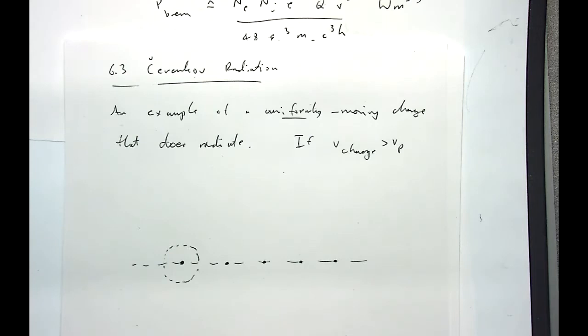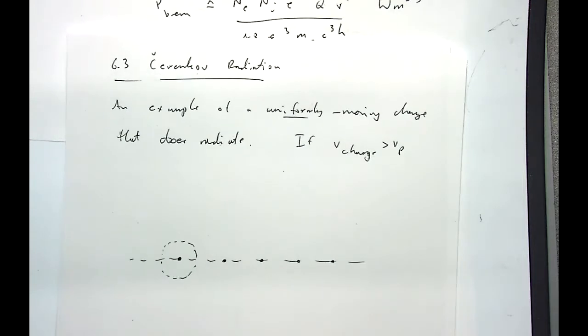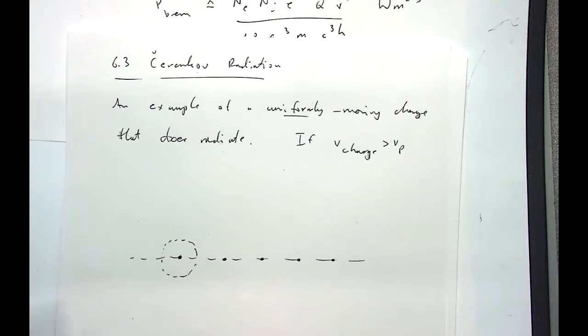At each step in time, the electron will move from here to here, and in that same step of time, this wavefront will expand by a distance which is smaller than the distance the charge has travelled. That's what we mean when we say that the velocity of the charge is bigger than the velocity of light in the medium. So this is a time step dt, and the charge has moved this far, and it's outrun the field that it has generated.